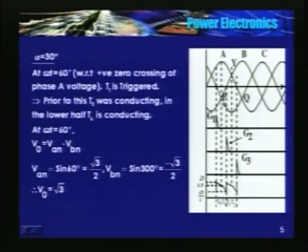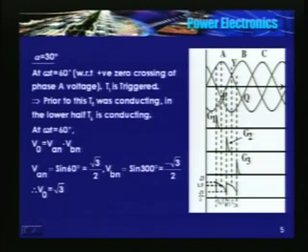So prior to 2, 6 would conduct in the lower half. So 6 was conducting. Now what is the output voltage? When T1 starts conducting, the positive DC bus, or potential of X, is VAN and potential of Y is VBN.